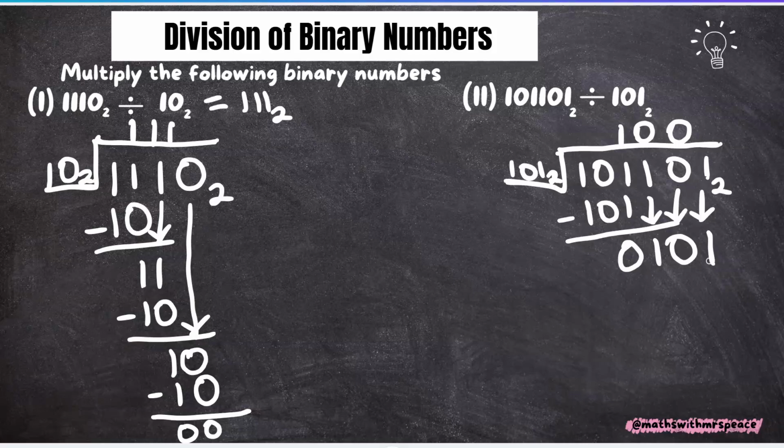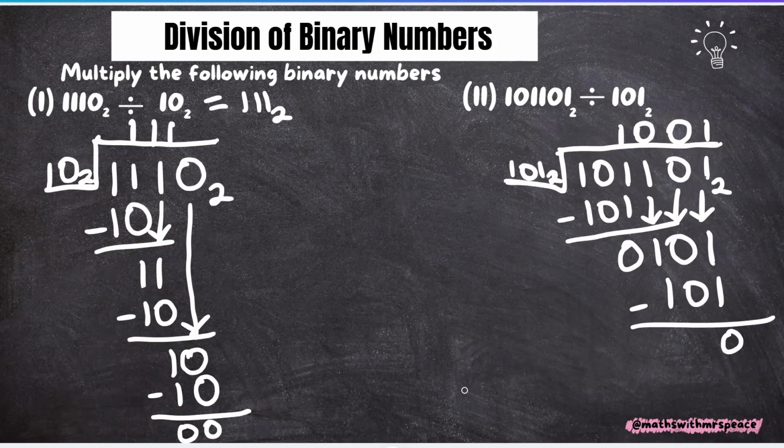When I bring this down, I have 101, which I can now divide by 101, and I'll get 1. 1 times 101 gives me 101. And then when I perform the subtraction, I will get 0.